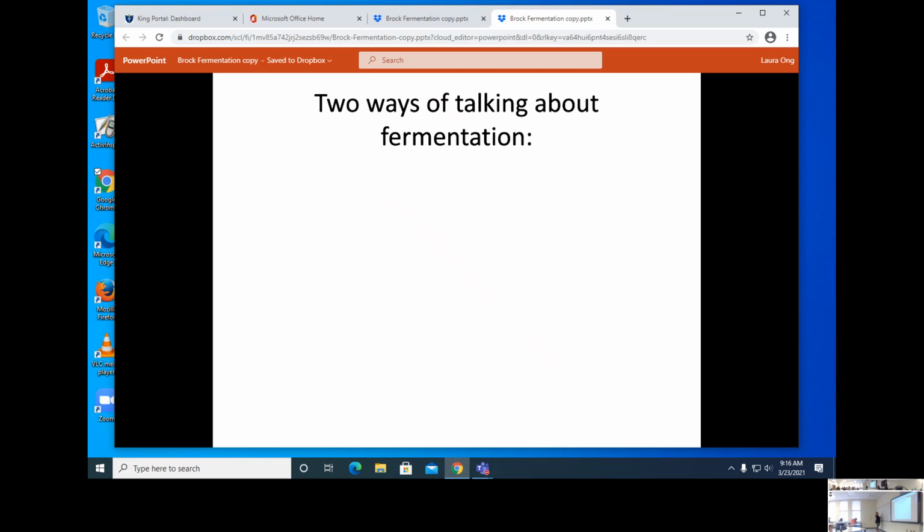So if we talk about microbes fermenting alcohol, or when we look in a few minutes at something called mixed acid fermentation, or lactic acid fermentation, those are talking about what the waste product is.